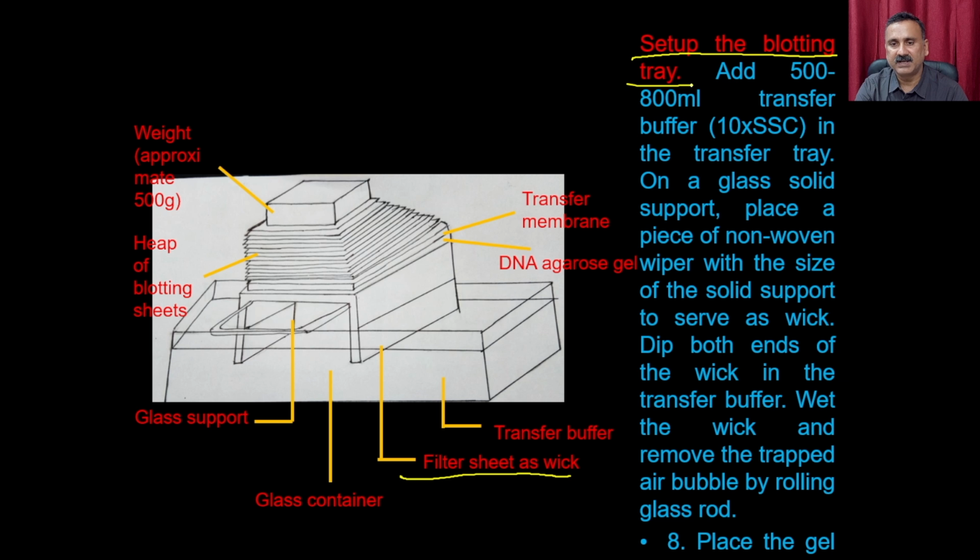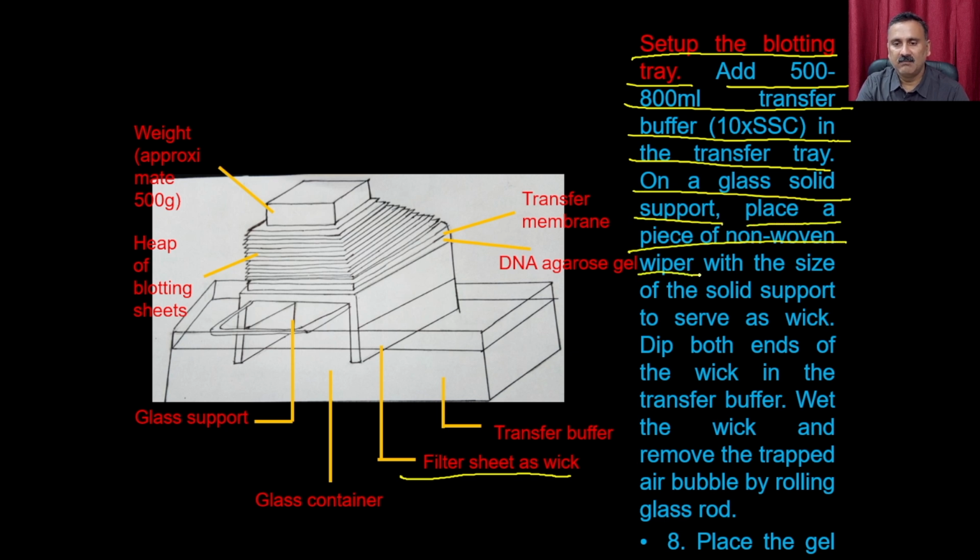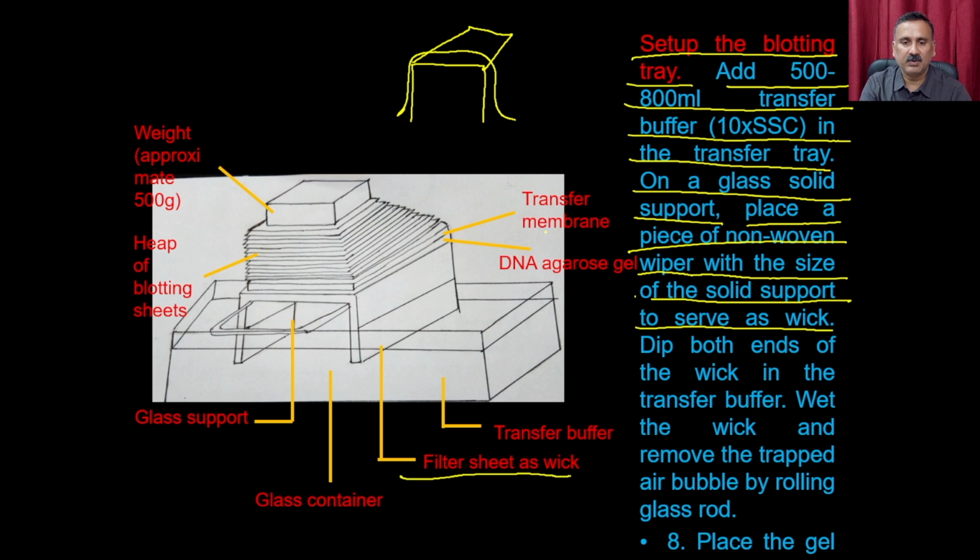So, you set up the blotting tray. Add 500 to 800 ml of the transfer buffer, which is 10x SSC, in the transfer tray. On a glass solid support, place a piece of non-woven wiper the size of the solid support to serve as a wick. Suppose this is the glass support. You are going to put a wick so that it goes like this, and on this you put your agarose block, and on top of the agarose block you put the transfer membrane, that is the nitrocellulose membrane, then the blotting sheets, and ultimately a weight.